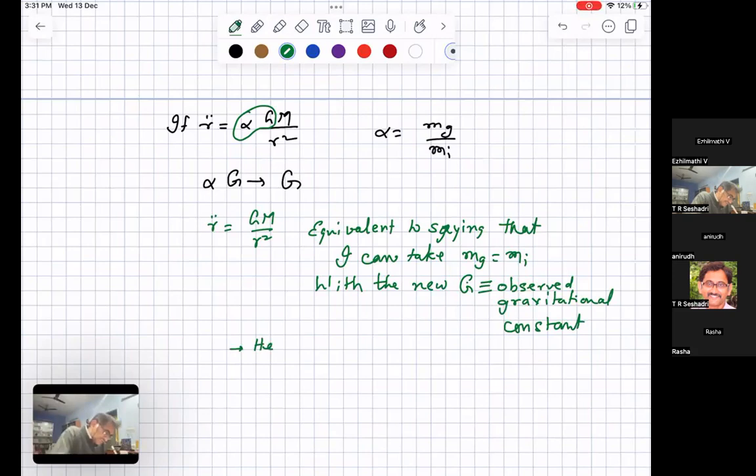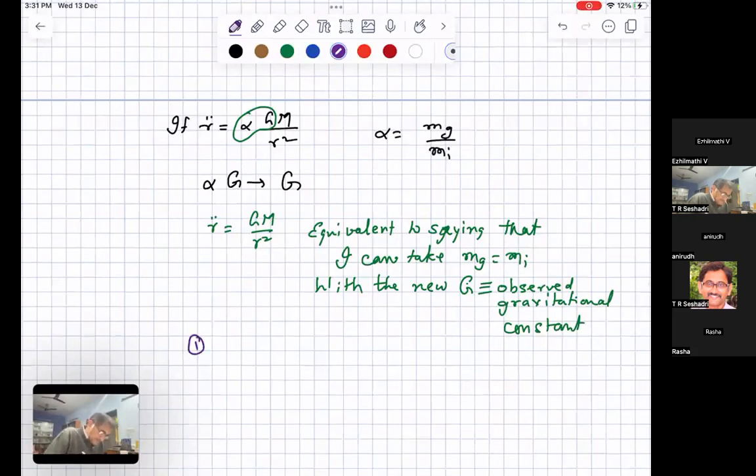So there are two things here. One, mi is equal to mg, that there is no separate thing like inertial mass and gravitational mass. It is the same parameter, mass.